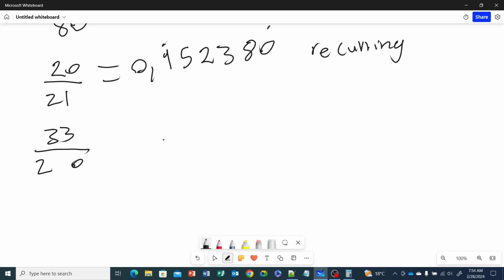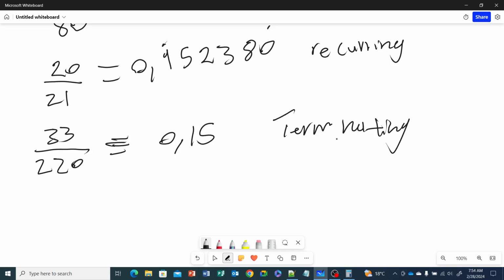So the answer is 0.15. Now, this is our terminating fraction.